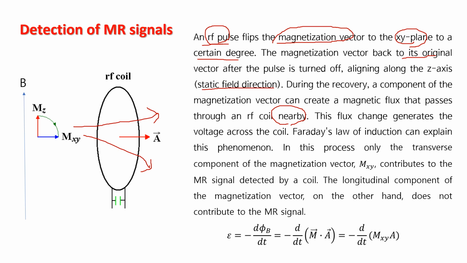This flux change generates a voltage across the coil. Faraday's law of induction can explain this phenomenon.